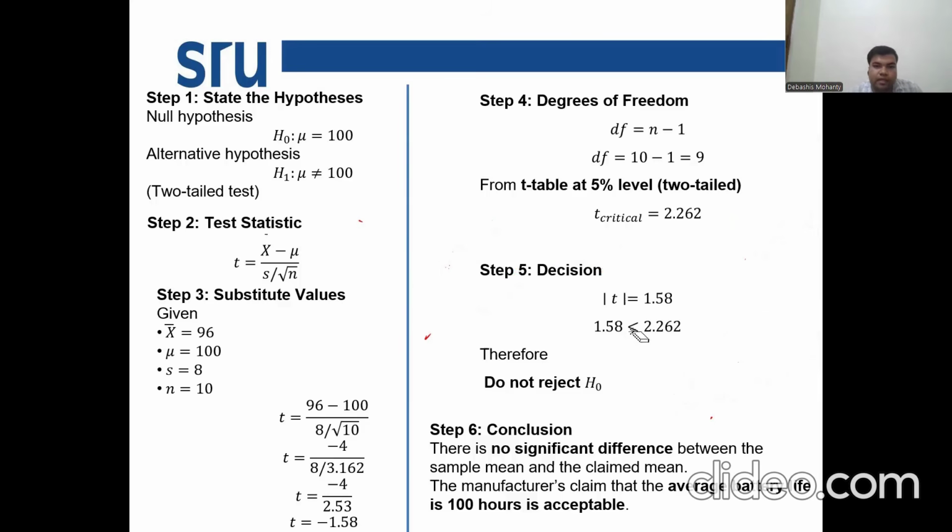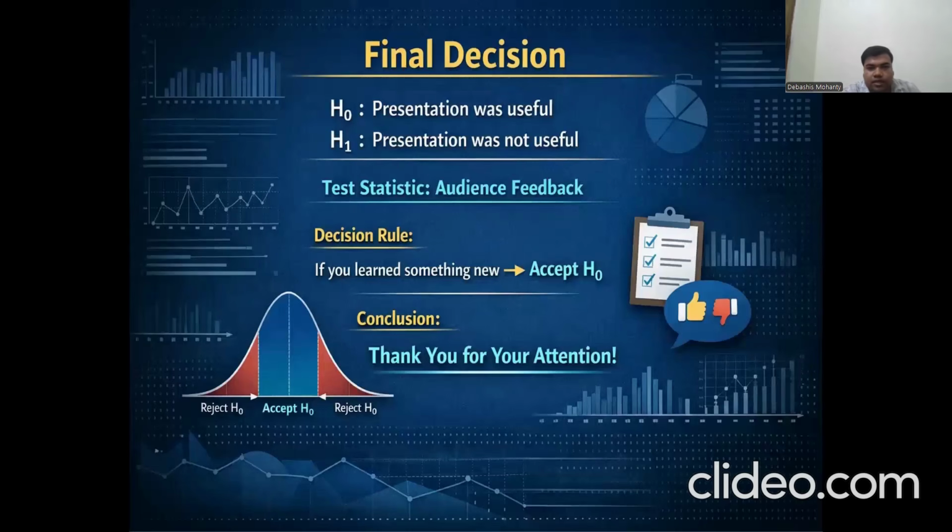So stepwise I am telling. In the first step, we are defining the null hypothesis. This is the final decision, students. So H naught is the null hypothesis: the presentation was useful, and H1 means the presentation was not useful.